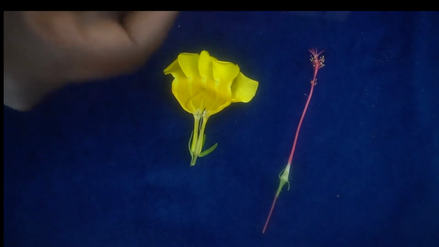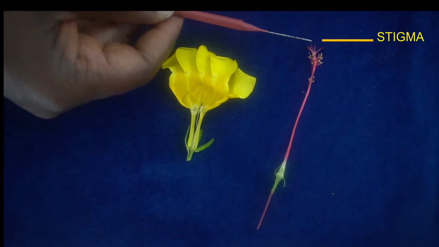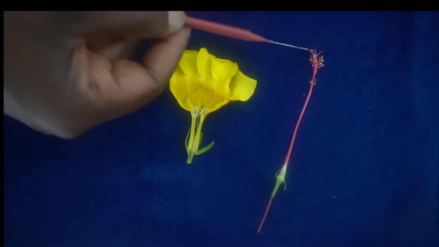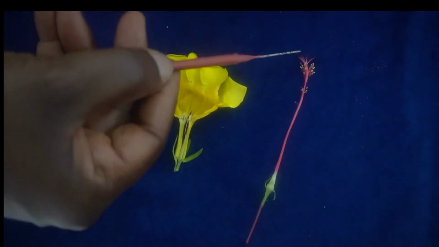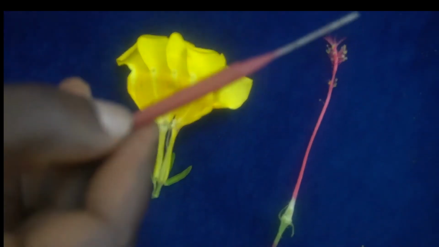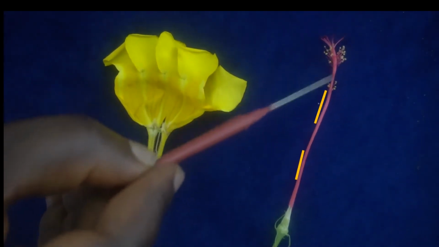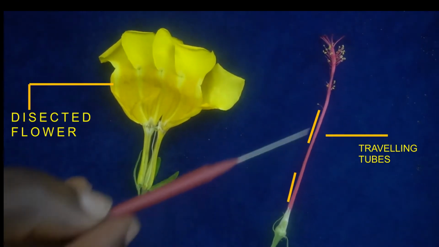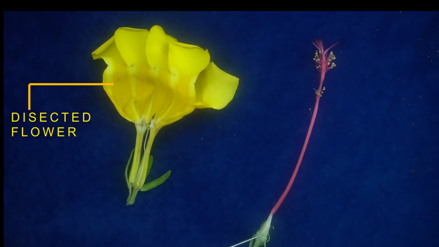What I've said is that the pollen lands on the stigma that is ripe, and once the pollen lands on the stigma, it sends down through this style a tube, and that tube travels right through to the ovary.